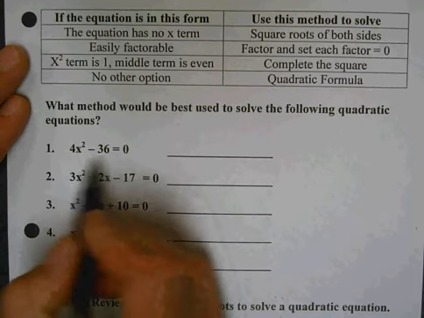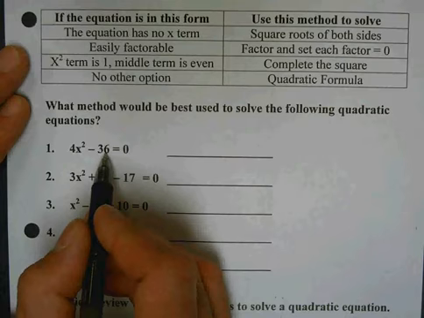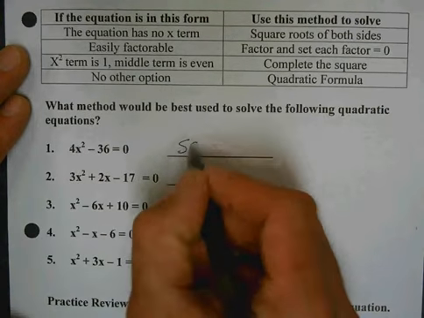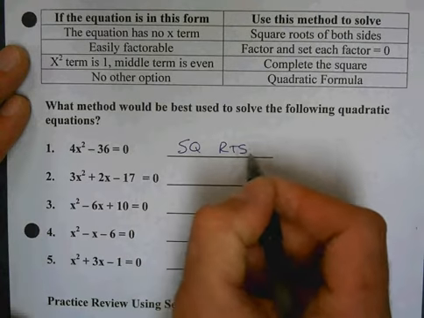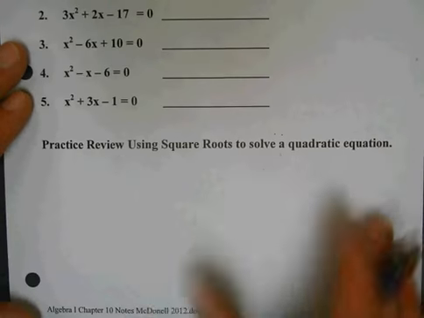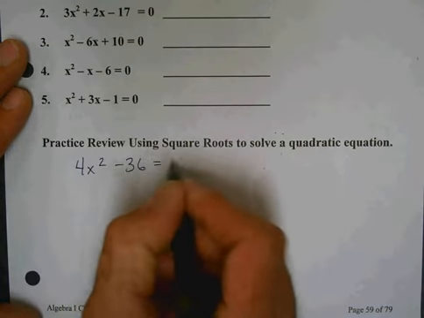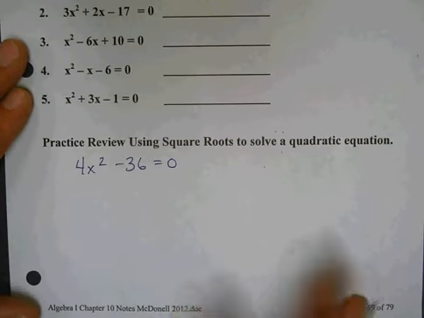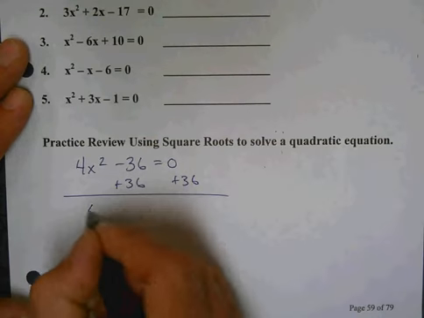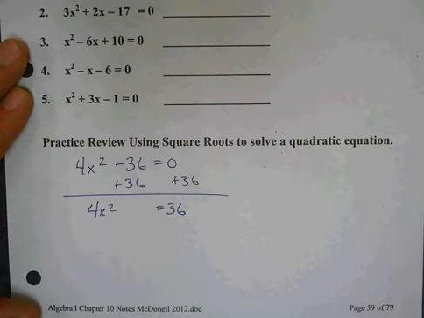So, just really quickly as we isolate these. What are you missing here on this one? What's missing? No, the c is 36, negative 36. You're missing the x. So the method for this would be square roots. To review how to do square roots, very simple. 4x squared minus 36 equals 0. We add 36 to both sides. 4x squared equals 36.